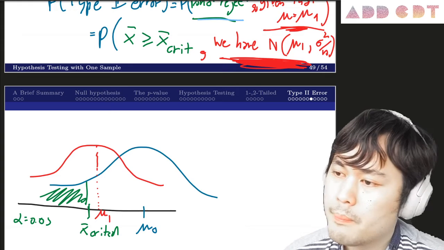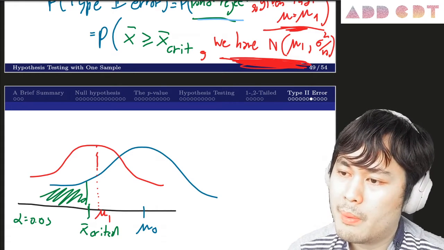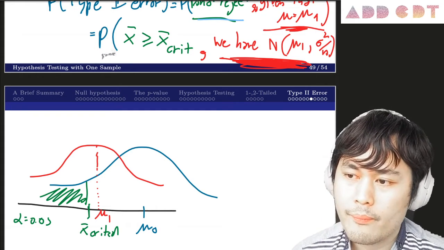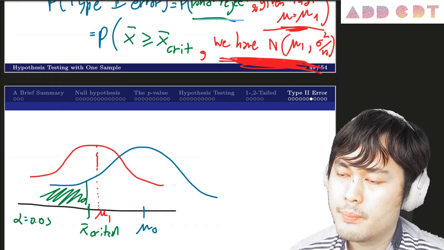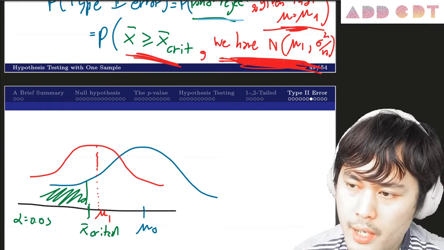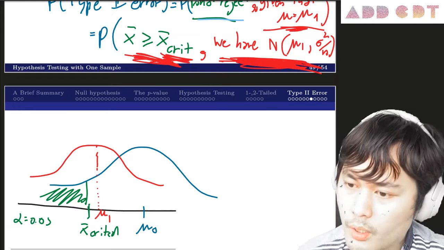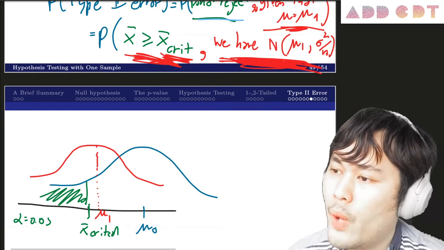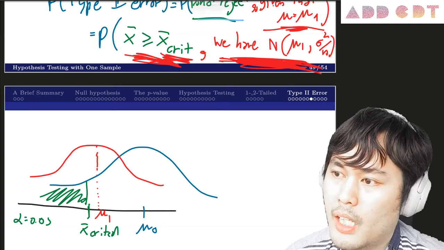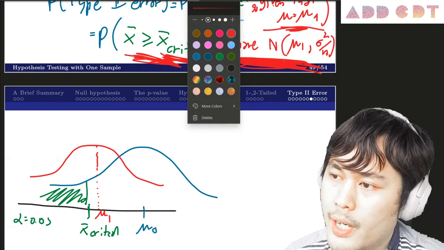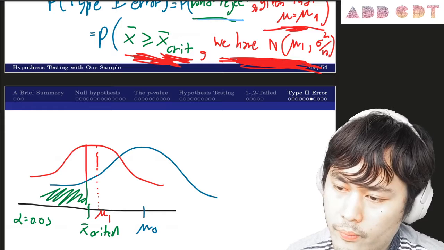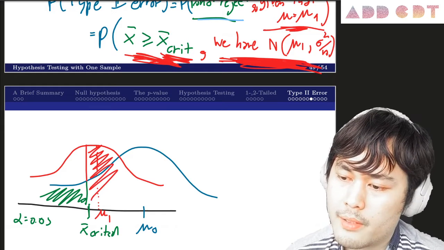So we want to find the probability, or the area under this curve, that is to the right of this critical point, right? So we have the curve now, and the area to the right of that point is here, this part.